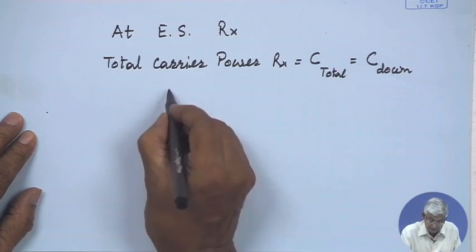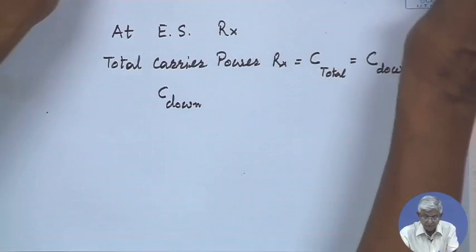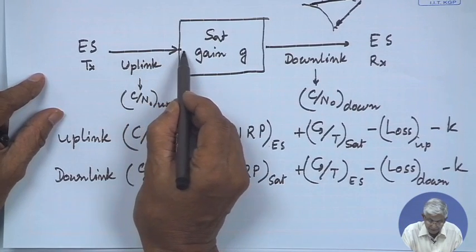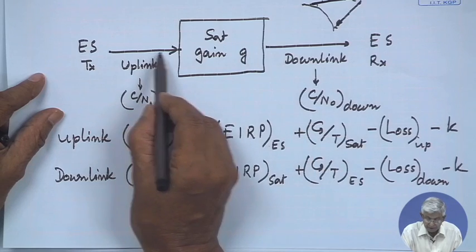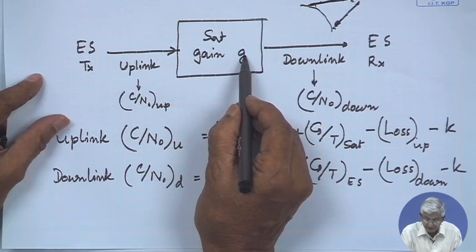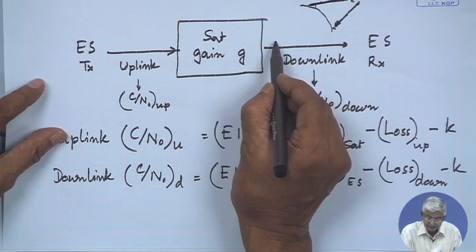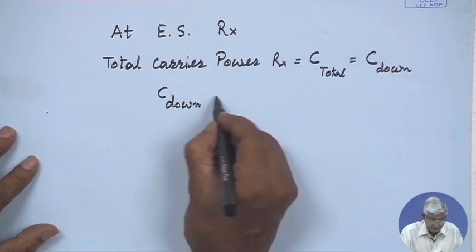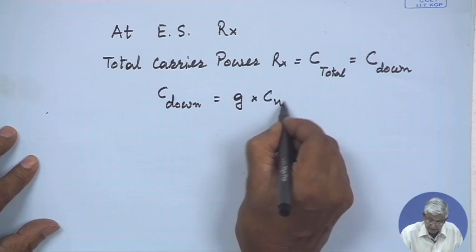Now, what is this C down? If you remember, we said that there is an uplink carrier going up and there is a satellite gain. That carrier power is amplified by this gain and pushed in the downlink. So, C downlink is the satellite gain multiplied by C uplink.